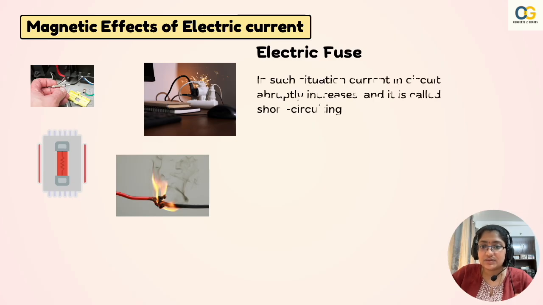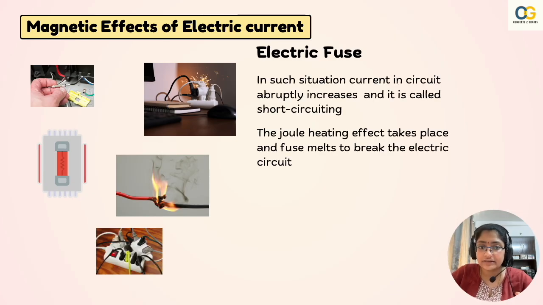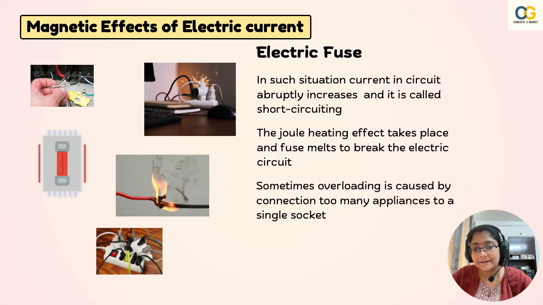So in that situation, the fuse will protect it. This fuse, when it breaks, right, there'll be sparks in the circuit like this. Or even if you connect multiple appliances to a single socket, there is a lot of overloading in the circuit. So this abrupt increase in current in the circuit is also called short circuiting.